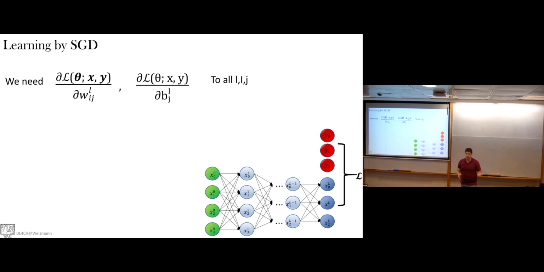So the same losses for linear classification can be used here. And I actually need the derivative of this loss with respect to every weight, every arrow I see in the network, and the biases. By the way, when you see this theta, it's just a short way for me to write W and B together. So all the parameters, both weights and biases. Okay.